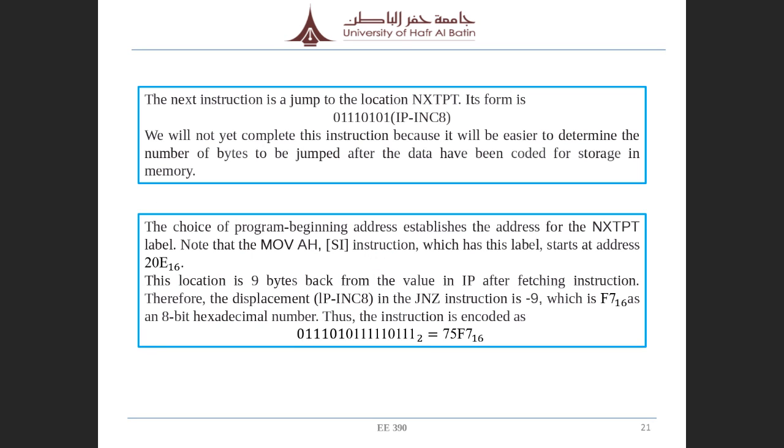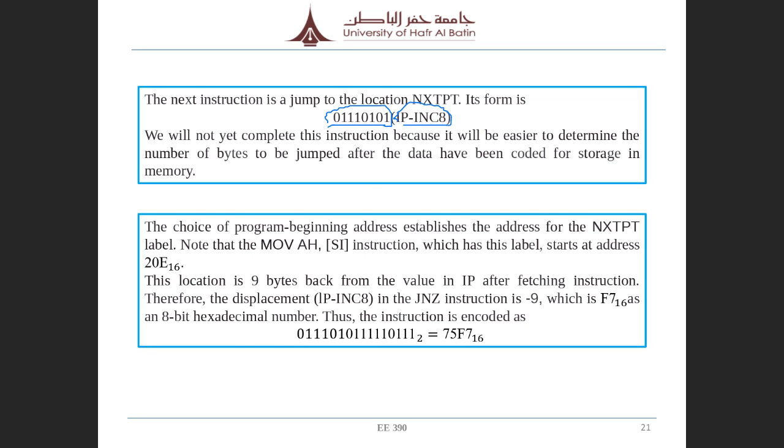So 0111, then 0101. This first byte is given already. So the second byte is for displacement. Okay, how can we get this displacement?